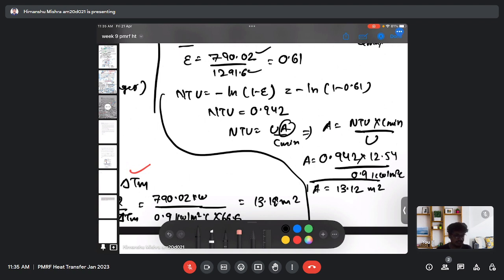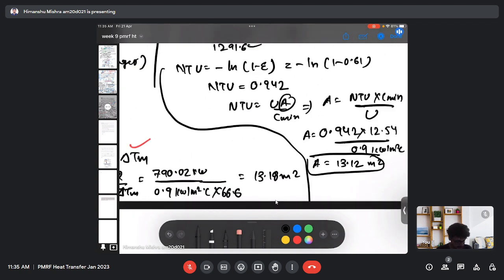So this is by the NTU method, and this area was by the LMTD method, the log mean temperature difference method. By the log mean temperature difference method, I got area 13.18. By the NTU method, I got area 13.12.